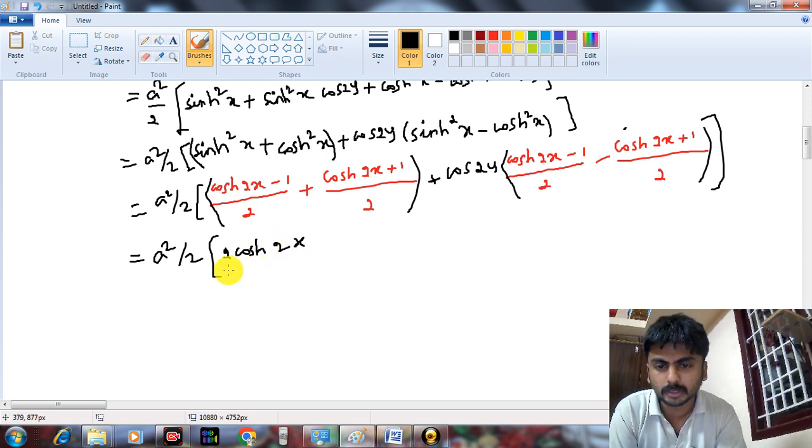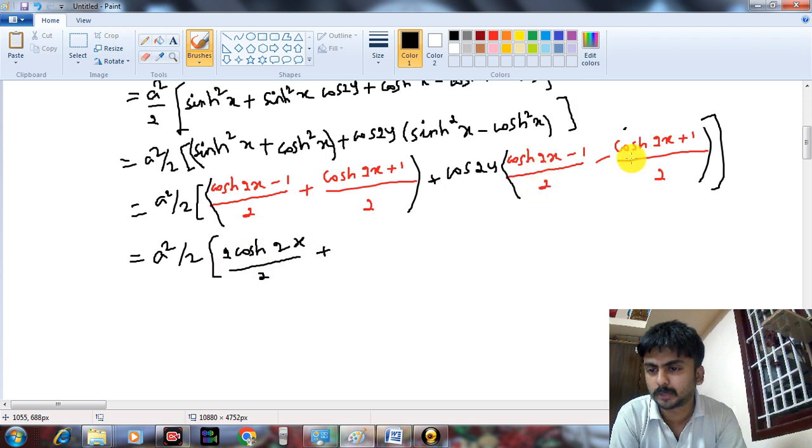Plus, here we will get this plus cos h 2x by 2 and minus cos h 2x by 2 will get cancelled, and this minus 1 by 2 and this minus 1 by 2 will become, see, I shall put minus in different color since they are minus.